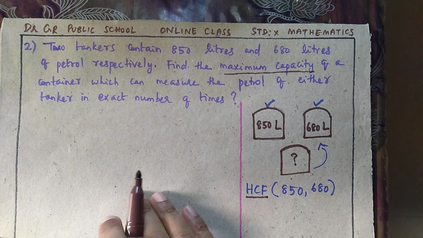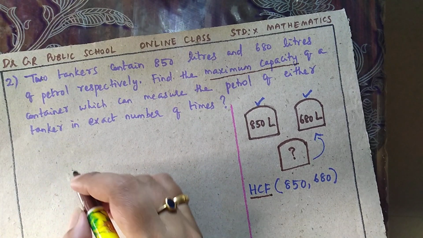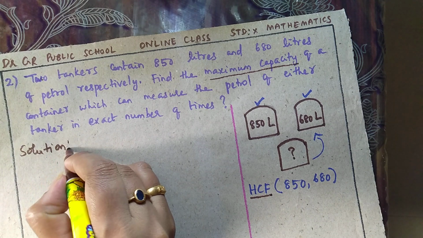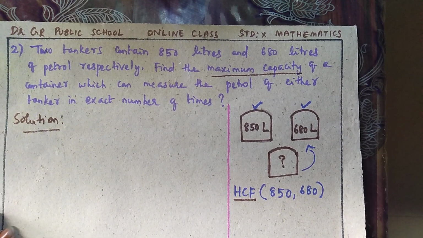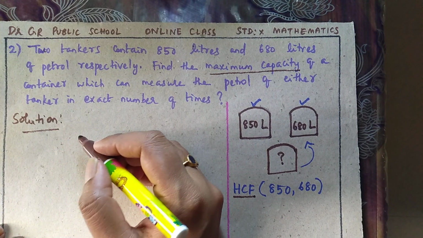So again here we need to write the starting as solution. Whenever you start a word problem, you need to write the steps properly, what is asked in the question.